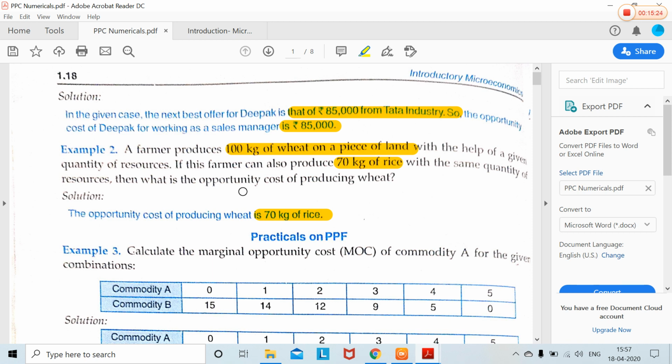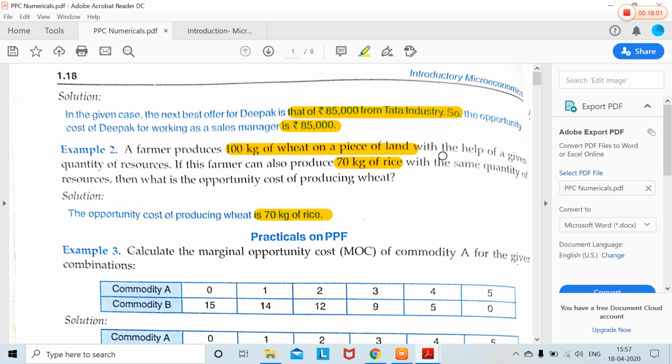And please keep this thing in mind. If a certain resource does not have alternate uses, let us suppose this land in this question, which produces 100 kg of wheat with some resources, cannot produce any other good. Like, it is only suitable for the production of wheat, and you cannot produce any other crop, you cannot make any other use of this land. Like, it is not good for construction purposes also, nothing at all. So what is the opportunity cost in that case?